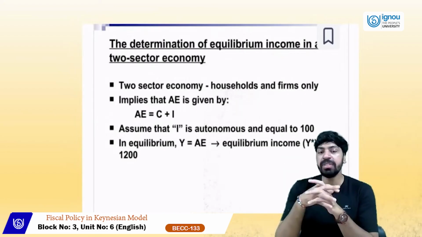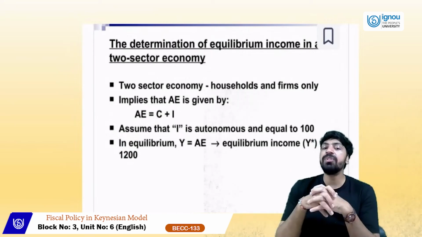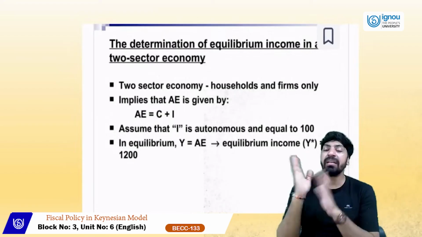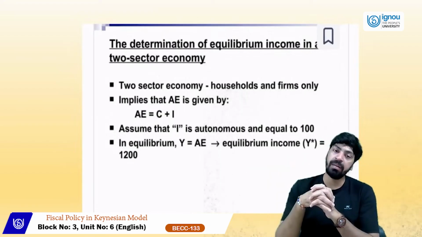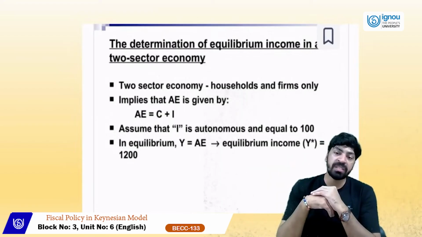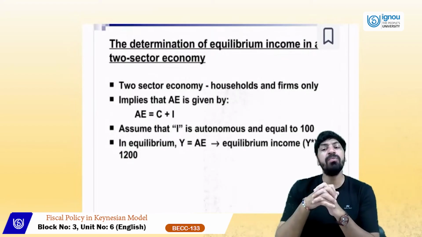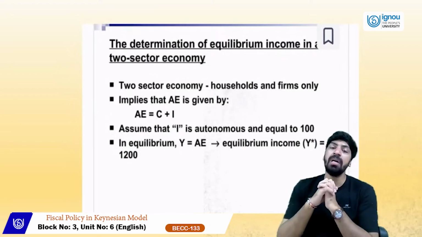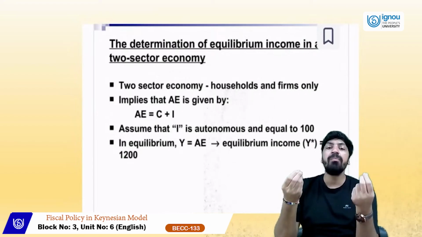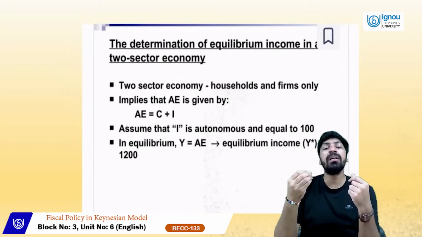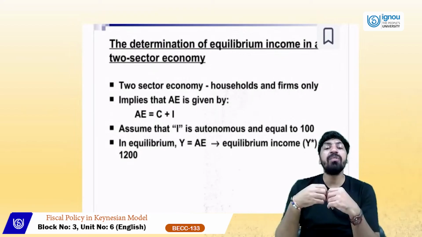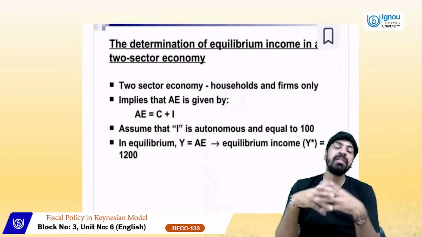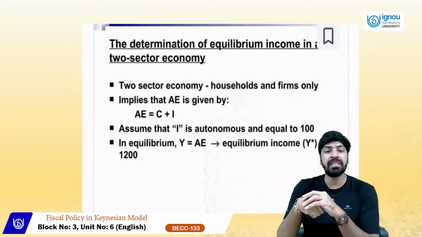This is called the two-sector economy, where consumption plus investment equals aggregate expenditure, and aggregate expenditure equals income. I is autonomous investment, which we assume to be 100. These are the key points you can understand and elaborate on in your presentation.